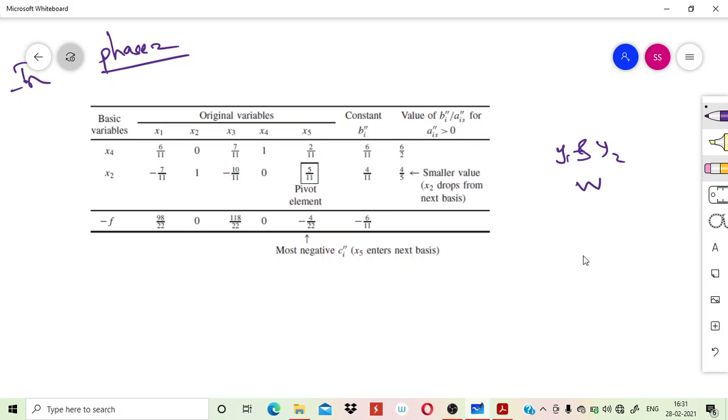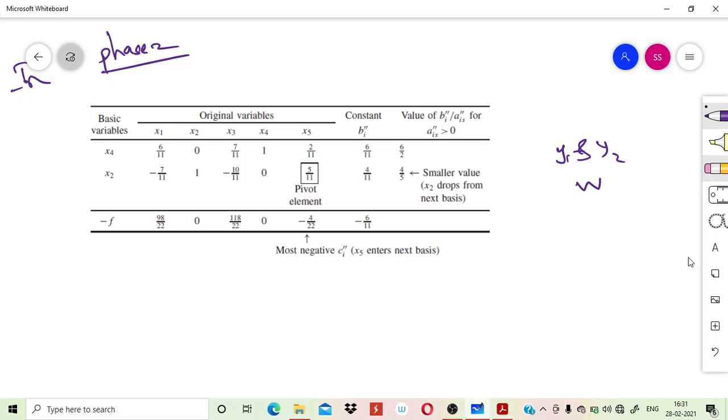Then you have to find the leaving variable, so you have to fill the ratio column. So this will be the ratio column, 6 by 2 and 4 by 5. The minimum of these two values is the smaller value, so x2 leaves from this table, and x2 is replaced by the entering variable x5.